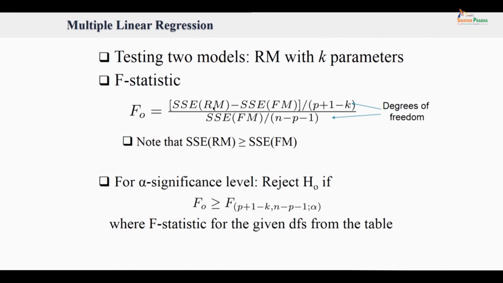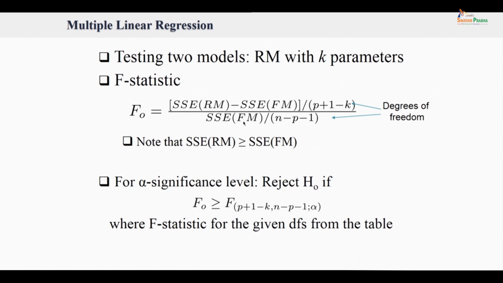So the difference in the fit, which is the difference in the sum squared errors between the reduced model fit and the full model fit, that is the numerator, divided by what we call the degrees of freedom. Notice the full model has p plus 1 parameters, p independent variables plus the offset, and the reduced model in this particular case contains only one parameter, so k equals 1. So the degrees of freedom will be p. So you divide this difference in the sum squared errors by p.